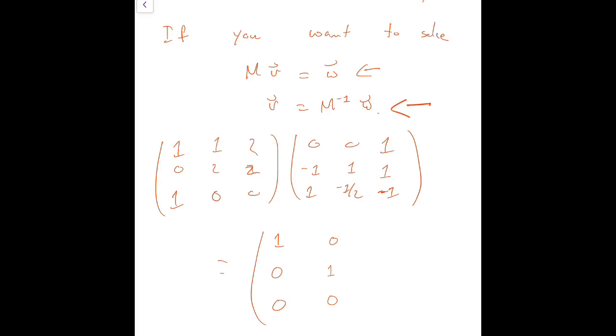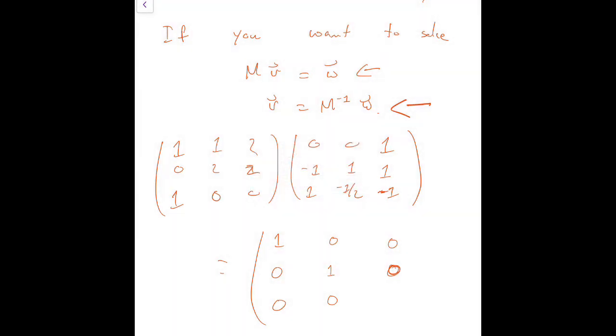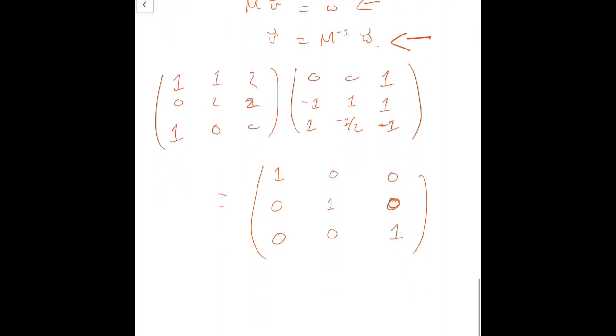The top right entry is 1 times 1, plus 1 times 1, that's 2, plus 2 times minus 1, so that's 2 minus 2, that's 0. The middle entry is 0 plus 2 minus 2, so that's 0. And for the bottom row, 1 times 1 is 1, plus 1 times 0, plus minus 1 times 0, so this is 1. So this verifies that M times M inverse is equal to the identity matrix.